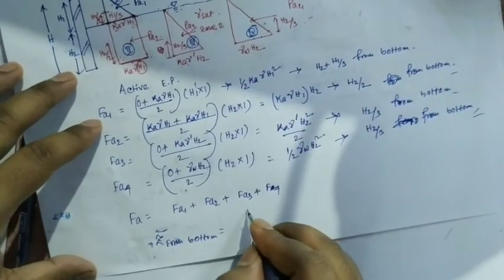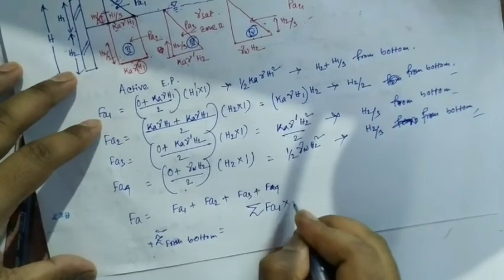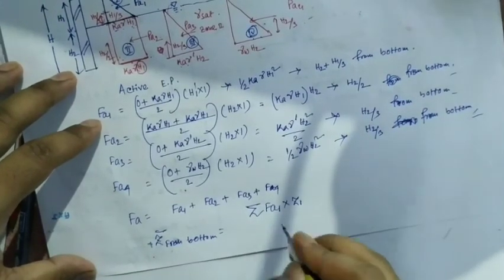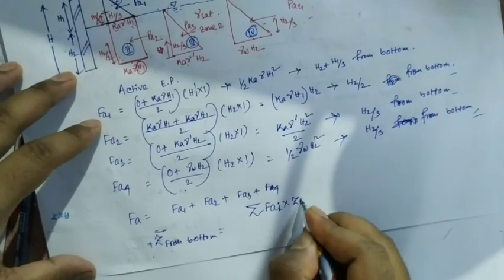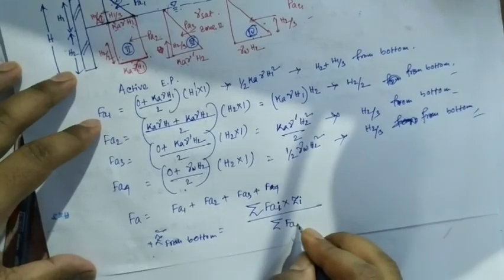It will be the summation of FAi into Zi, suppose I am taking it as i, divided by the summation of FAi.